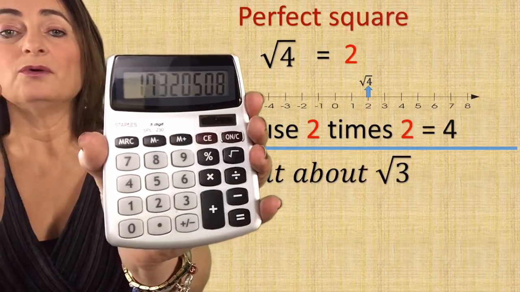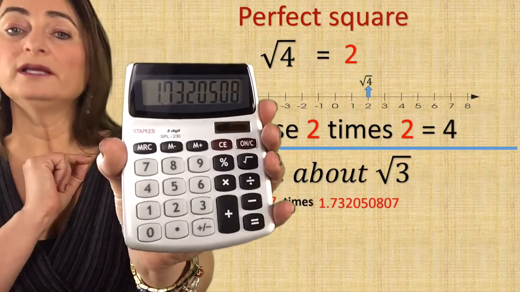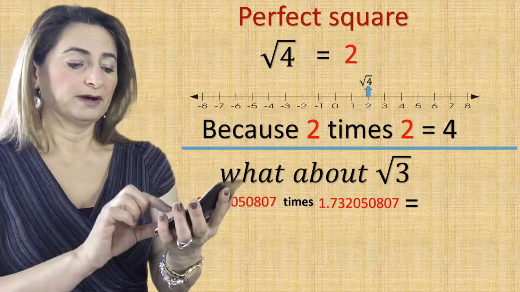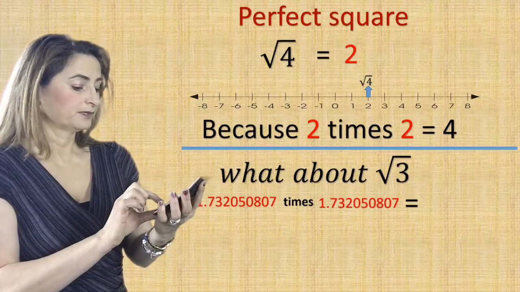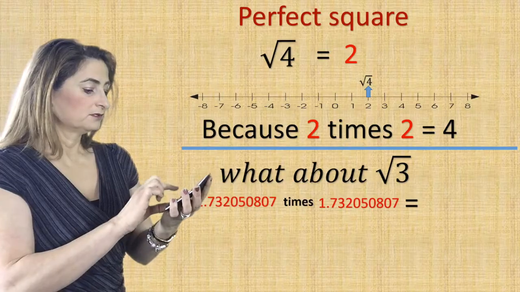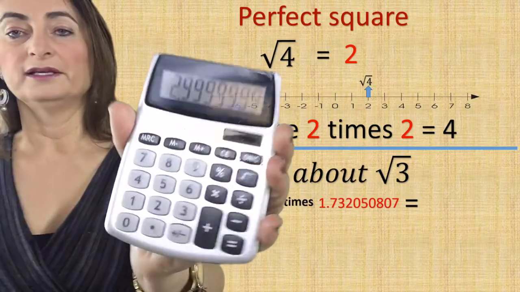So now, what if I take this number and multiply it by itself? Would it give you 3? Let's see. Multiply 1.732050807 by itself. What would that give you?